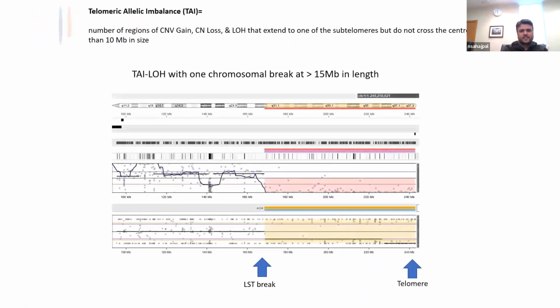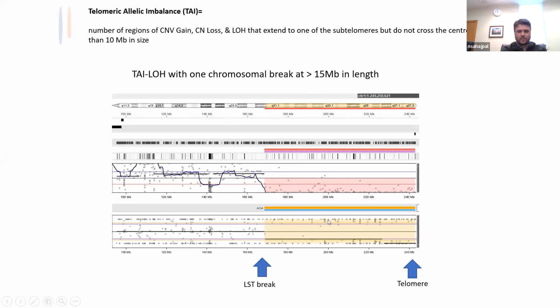Then the next is a TAI, where you can see there's a copy number loss which goes into the telomere but does not extend into the centromere. Because it extends into the telomere, it is a TAI. Now the length of this TAI is greater than 15 MB, so it qualifies both as a TAI and also as an LOH.